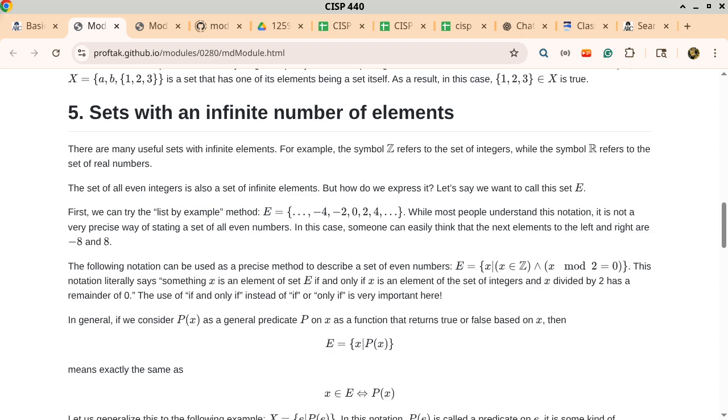This is really just saying this notation is the same as this notation. They mean exactly the same thing. Most of the time we use the notation of E equals and then the braces. The other one is a better way to look at it from the precision perspective, but from the notational perspective it is a little more clumsy, so it's less used compared to the first one.